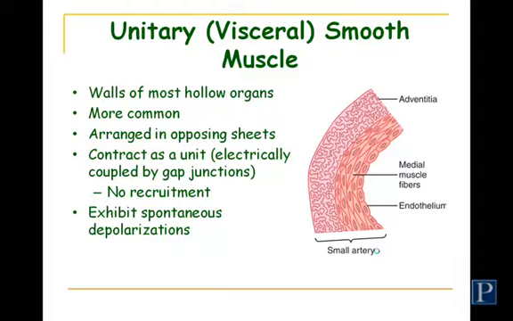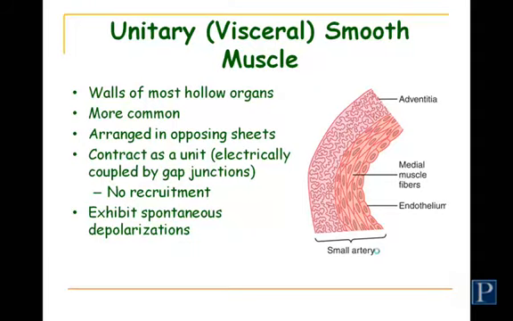The unitary smooth muscle is what we're going to be discussing predominantly in Physio 1 and Physio 2. This will be the type of smooth muscle that you're going to see in the bladder, in your arterioles when we talk about blood pressure control. You're going to see this when we talk about digestion in the GI tract. So this is the predominant type of smooth muscle we're going to talk about.